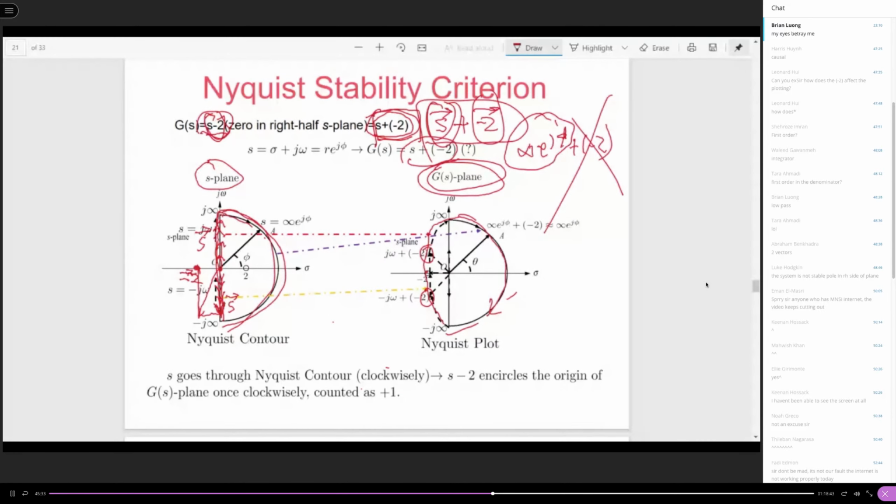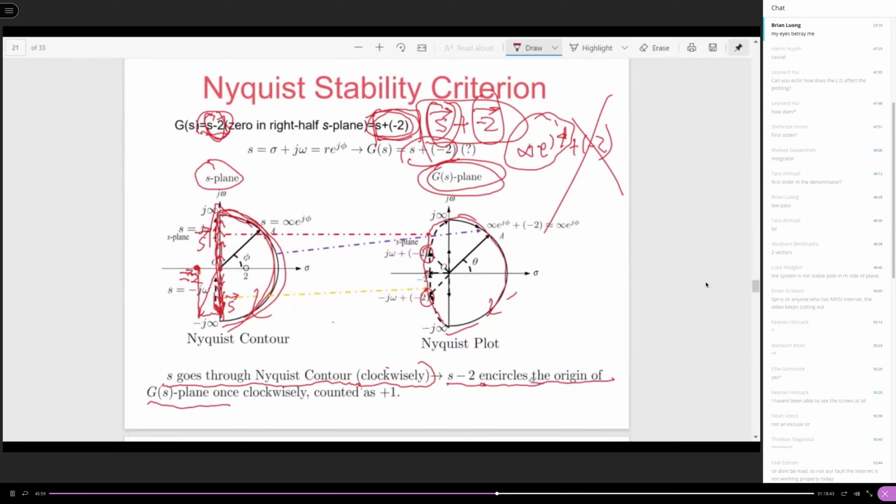So what conclusion can you obtain? Very clearly, when S goes through the Nyquist contour clockwise, so it goes this direction, then S minus 2 is going to encircle the origin of the G of S plane.